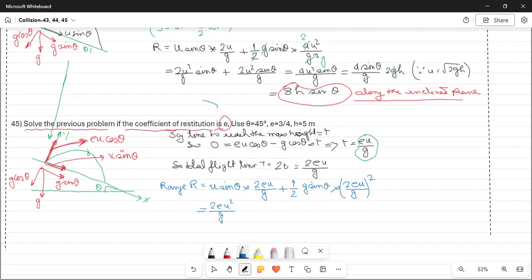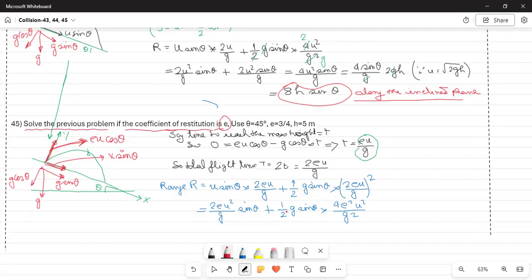This is equal to 2 e u squared sin theta by g plus half g sin theta multiplied by 4 e squared u squared by g squared. Now, here, this 2 and 4 get cancelled. We are left with 2.